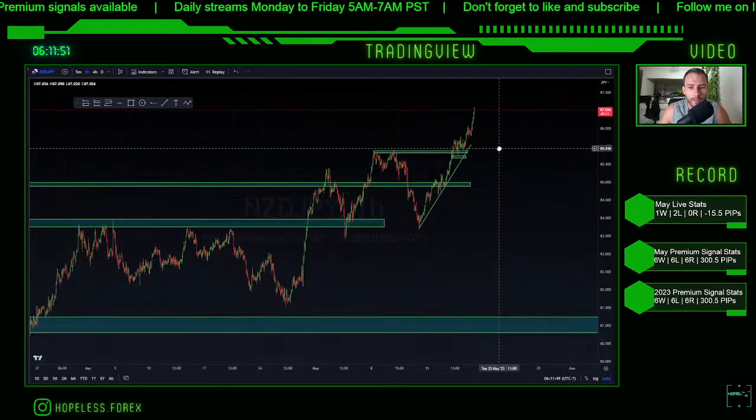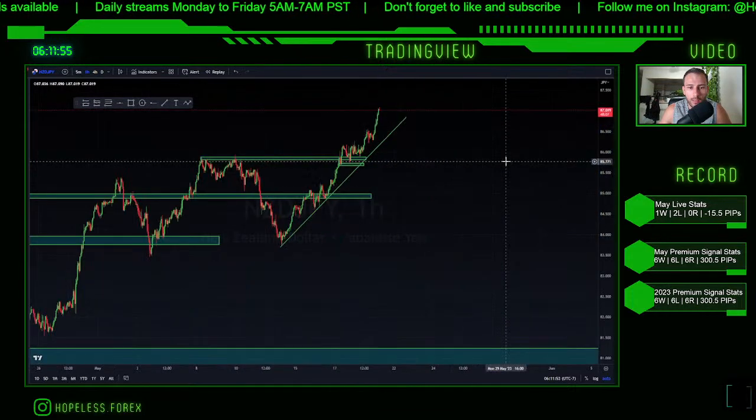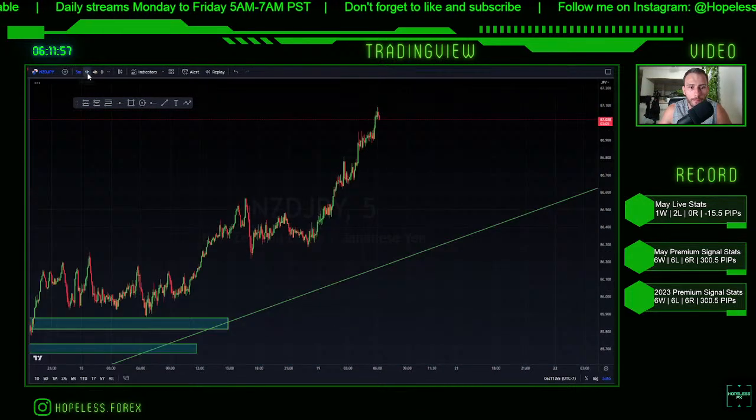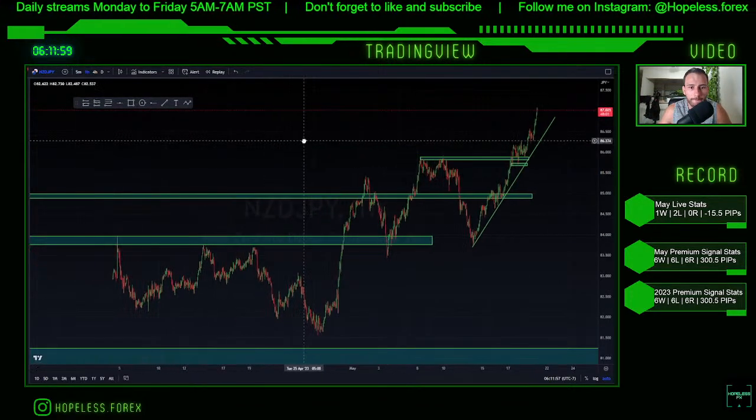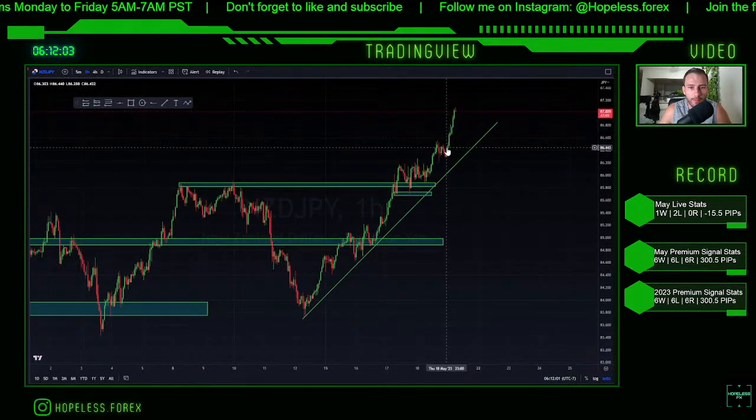NZDJPY is doing quite well. Lots of bullish momentum here.